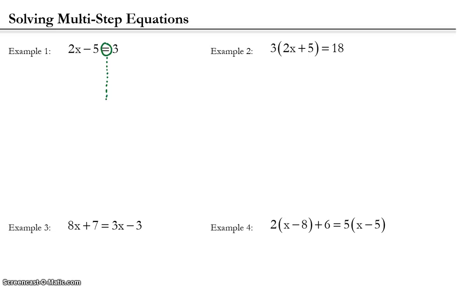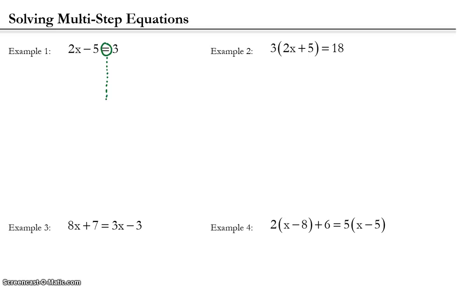We can't get rid of everything all in one step, so we have to take this in 2 steps for this example. Now, we also have to think back to order of operations, which always told us that we would multiply or divide before we add or subtract. Since we are using inverse operations to solve an equation, that means if I am currently adding, I need to subtract.